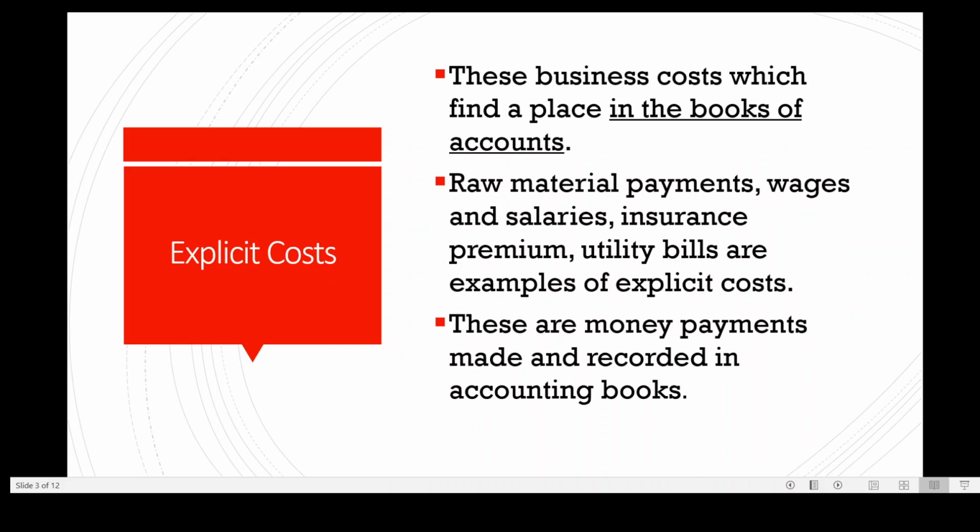There are explicit costs, which are incurred and shown in the books of accounts, like raw material payments, wages paid, utility bills paid, and insurance premium. All these are reflected in the ledger accounts of the organization concerned. They are examples of explicit costs. These money payments are recorded in the books of accounts.